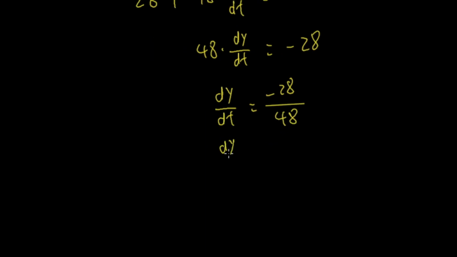Now, dy over dt is equal to, well, we can keep this as a fraction to be exact. But reduced, you have negative 7 over 12. Now the unit is feet per second. Notice that dy over dt is a negative value.